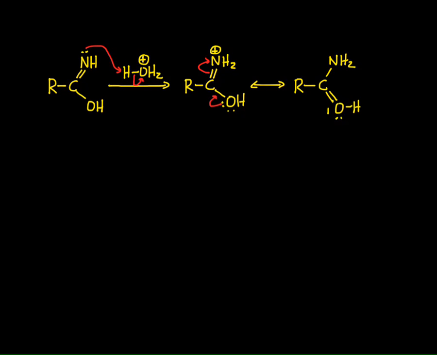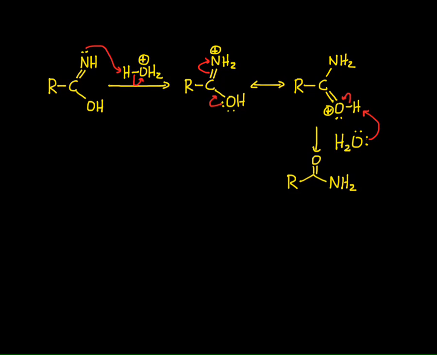And so we get something that looks like this. Now we can start to see the carbonyl forming, right? We certainly have a carbonyl, and all it is is a protonated carbonyl. And I can take water and deprotonate that carbonyl, just like so, and I generate an amide, right?